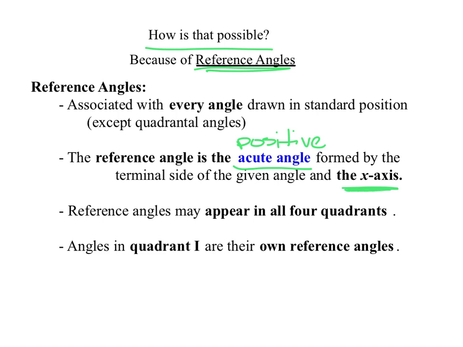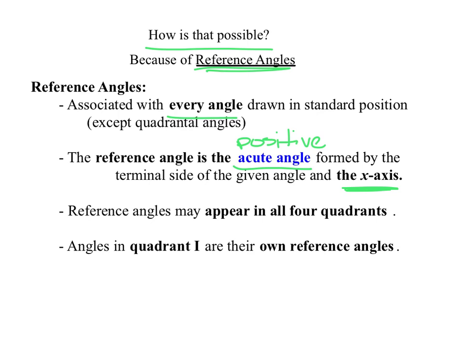Okay? These reference angles allow us to see places where the sine is the same in one quadrant as in another. The sine of 120 is the same as the sine of 60 in the other quadrant, because of reference angles. And you'll see as we go where this comes from. So every angle has a reference angle.